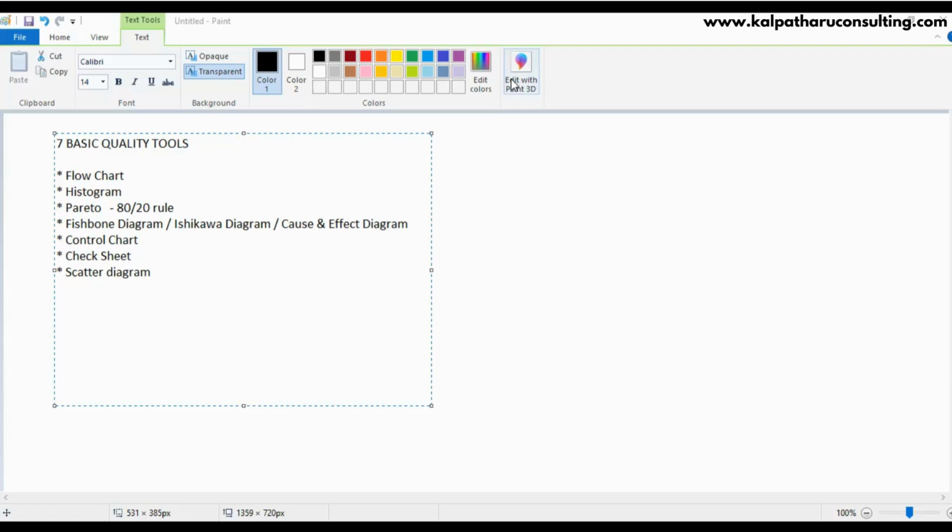So less than 90 is not acceptable. That is, for every 100 transactions, 90 have to be right.